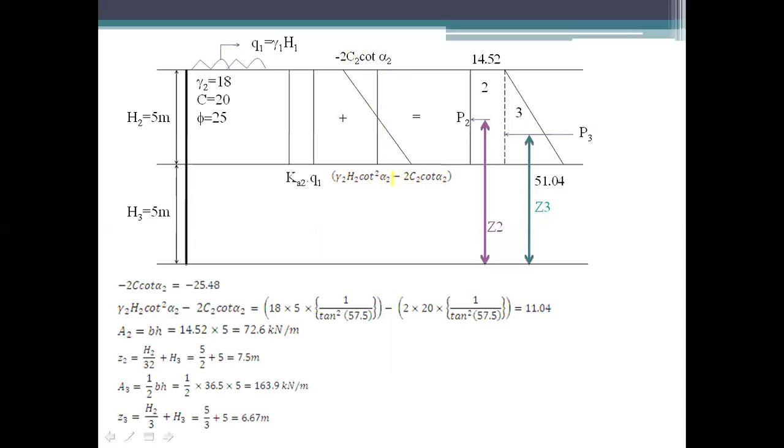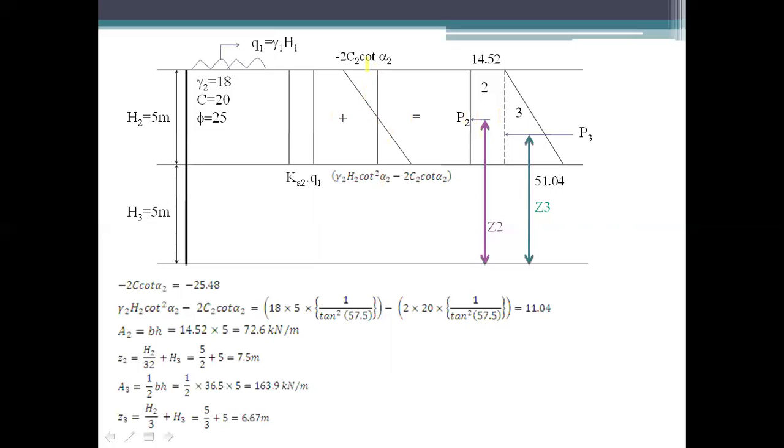So this is the pressure distribution diagram for two areas, negative and positive. But we want only the positive diagram for calculation, so we add these two diagrams and get only one diagram.